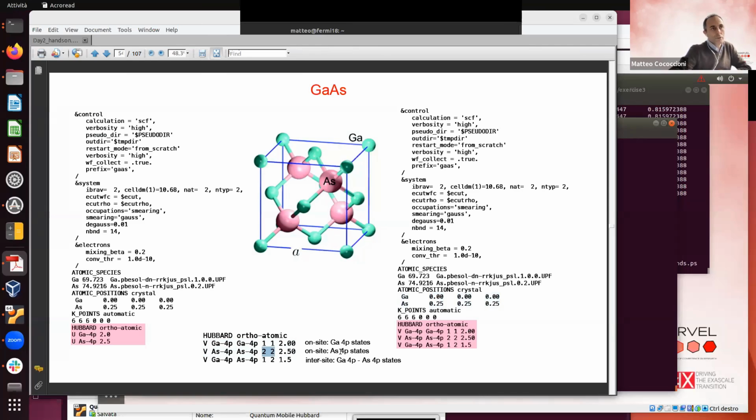These values I've chosen by chance, without computing them; these are generic values. And then if you want to have an intersite V between just 4p states, you put V, gallium 4p, arsenic 4p, and you have to tell the code the numbers of these two atoms in the list of atoms, okay? In this case, 1 and 2, because they're nearest neighbors. And I've picked a 1.5 electron volt value for the V in this case.